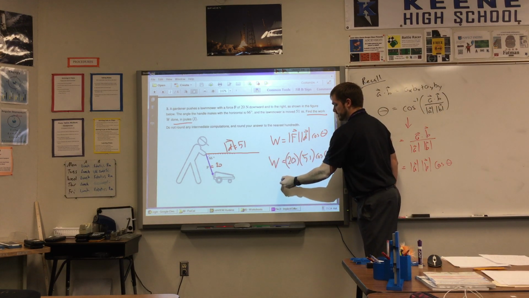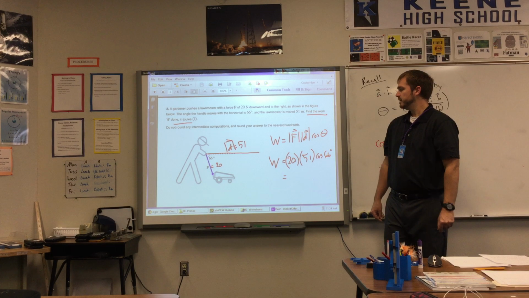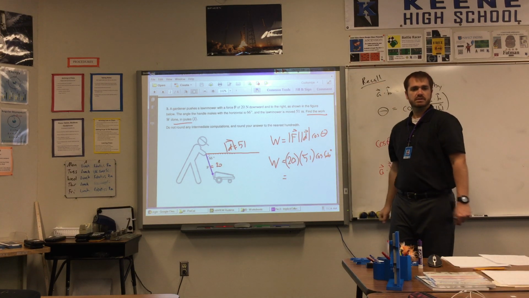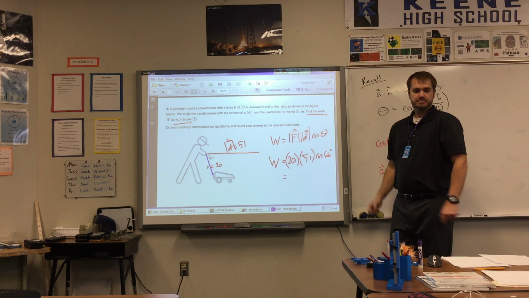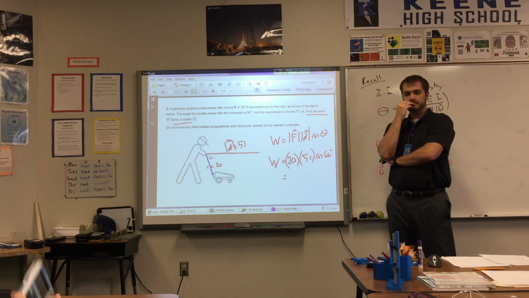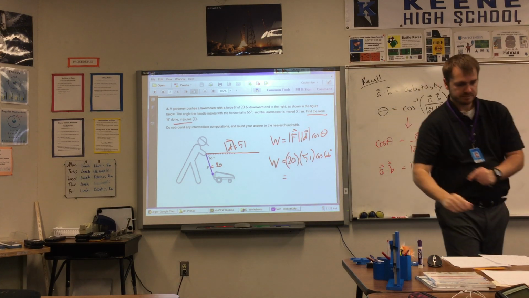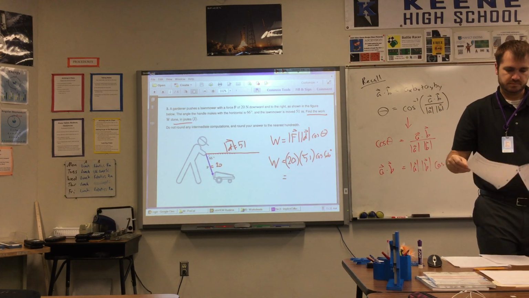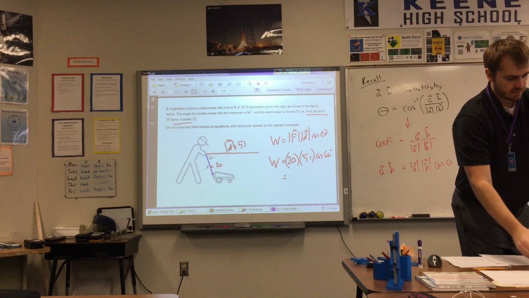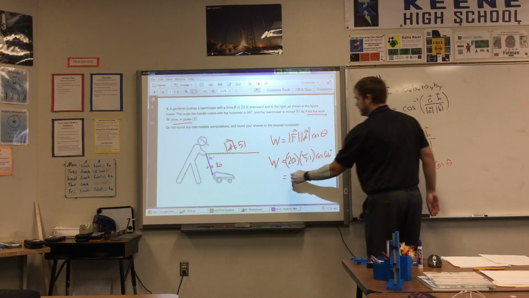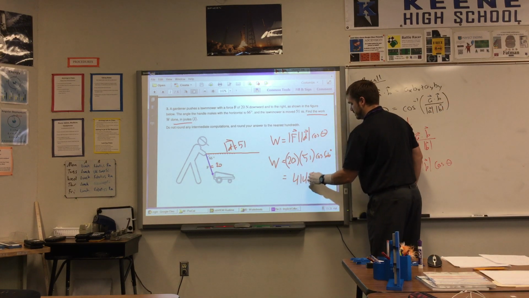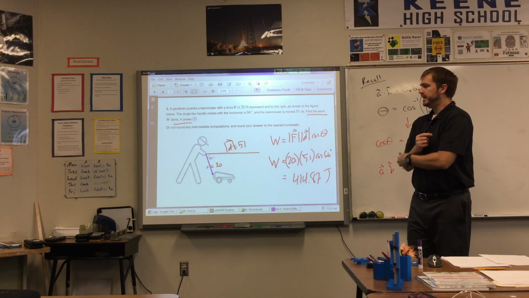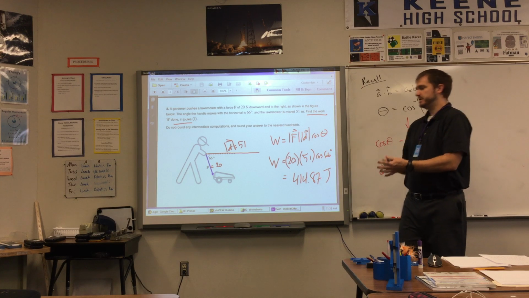A newton meter is a joule, by the way, but 20 times 51 times cosine 66, enter. 414.87 joules, done.